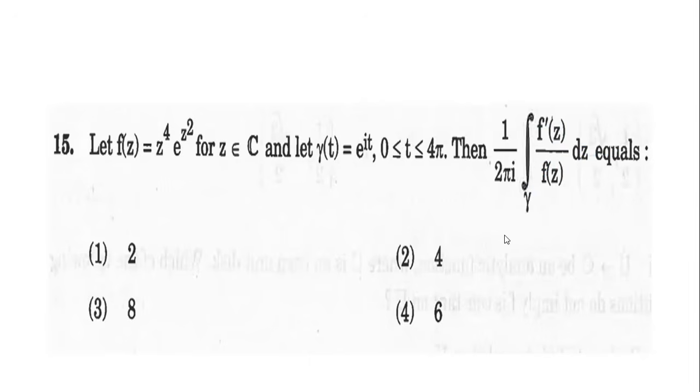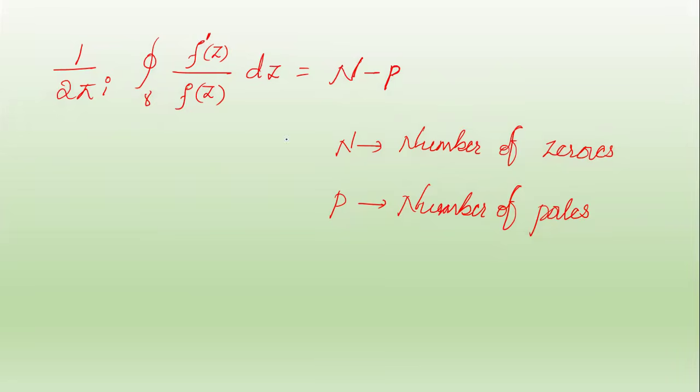See the concept behind this question: residue theorem. 1 divided by 2 pi i integration under the curve gamma f dash of z divided by f of z dz is equal to N minus P. N here is the number of zeros, P here is the number of poles.